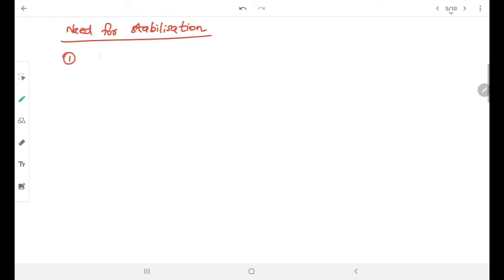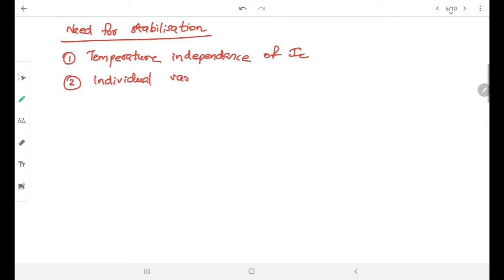First one, temperature dependence of IC. Second one, individual variations or inherent variations of transistor parameters. And third one, thermal runaway. We will discuss each point in detail.